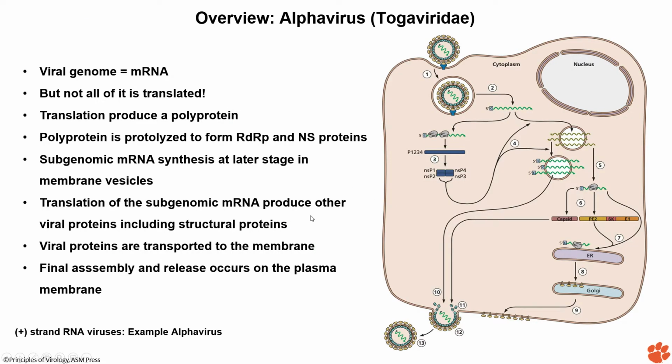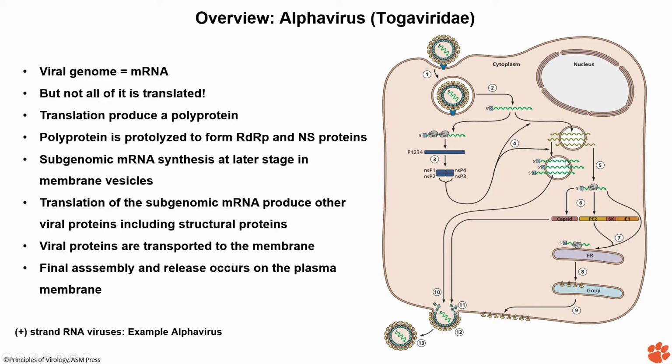So in the whole sequence, the genomic RNA comes in and makes a polyprotein, which is cleaved into the RNA-dependent RNA polymerase and several other entities. The genome acts as a template to make the antigenome on the vesicle.